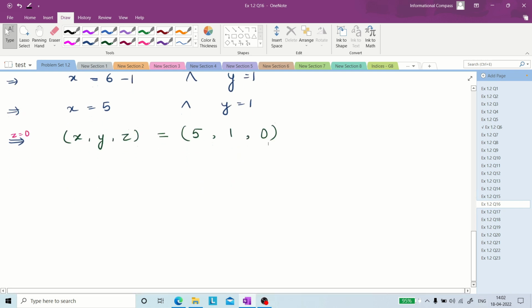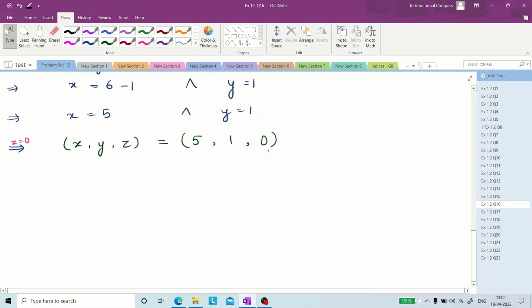So finally, using these two points, we will find the halfway point. Finally, let's find the halfway point. Halfway point, let's take it as h.